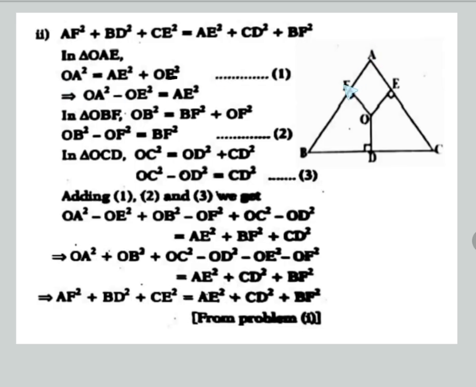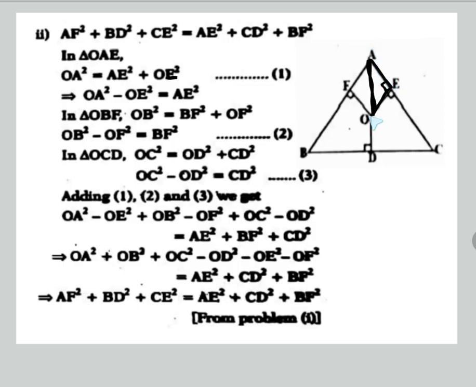AF square plus BD square plus CE square is equal to AE square plus CD square plus BF square. We are required to prove this. From triangle OAE, here is the right angle.